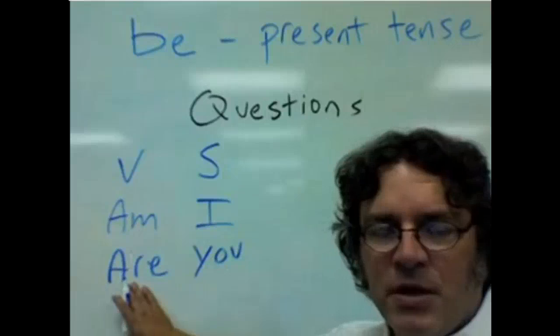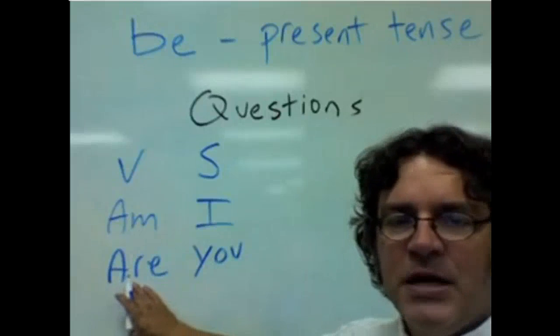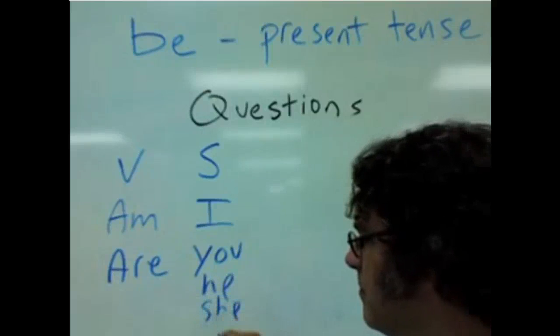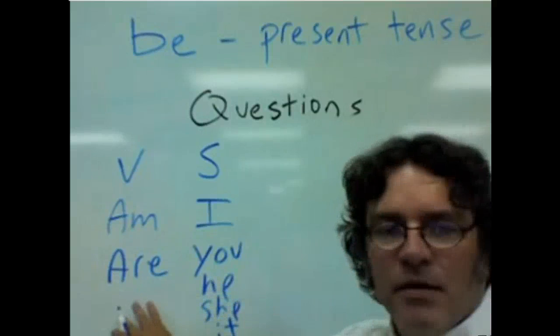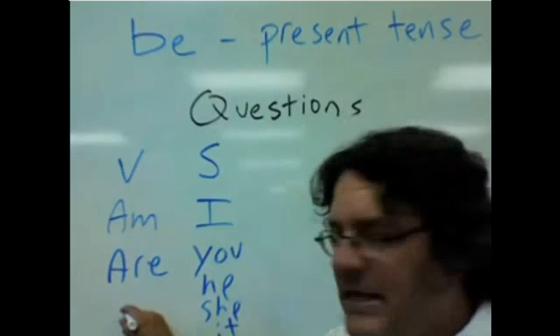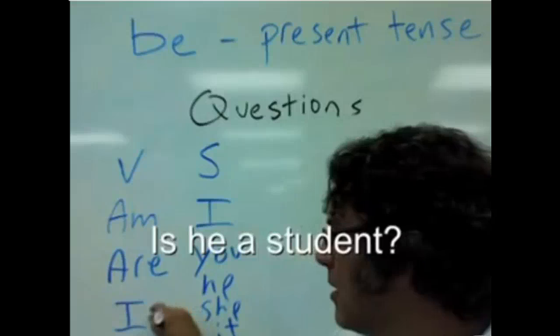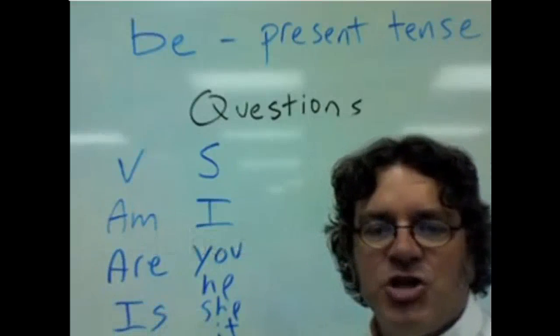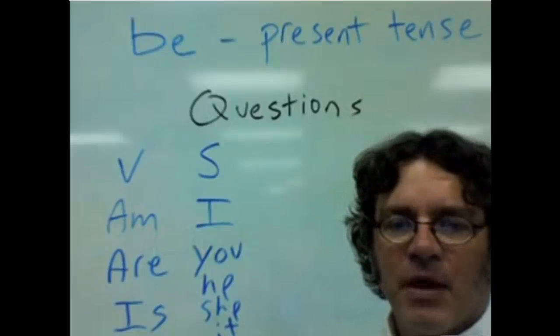If the subject is he, she, or it, the form the verb be takes is is. Is he a student? Is she a student?